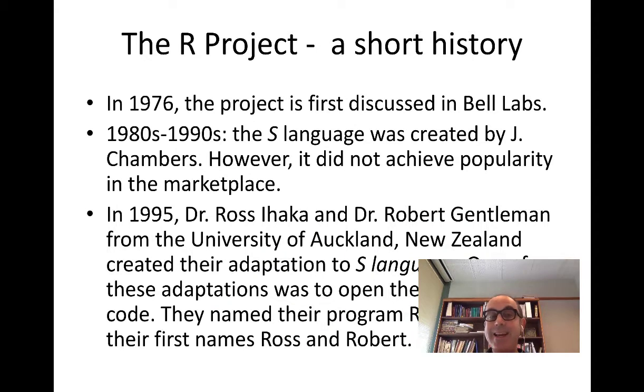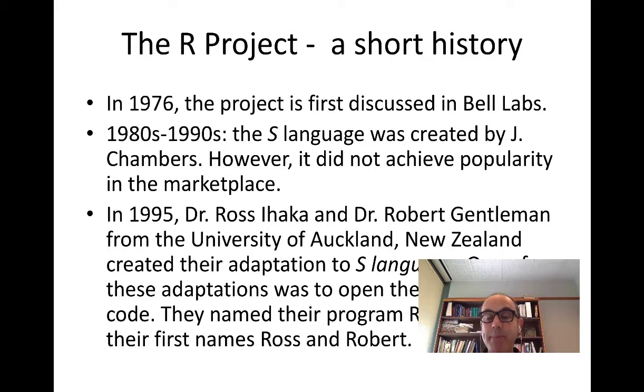It started in 1976 at Bell Labs, which does not exist anymore. It was the foundation of AT&T. And at that time, Chambers, one of the people that worked in Bell Labs, created the S language. And because the company Bell Labs was in a bad economic situation, they broke it down.